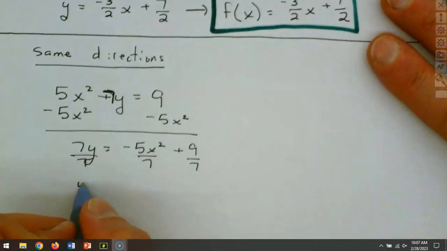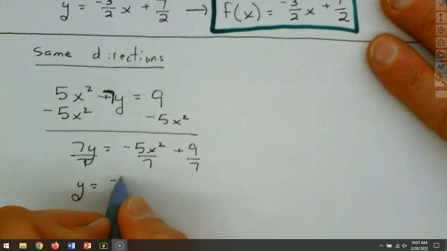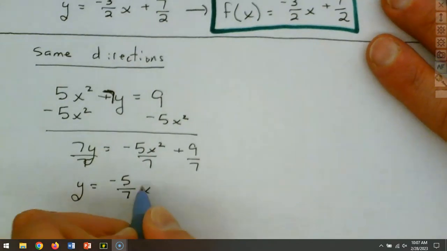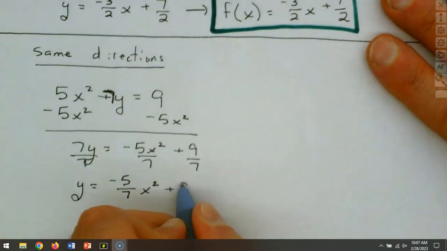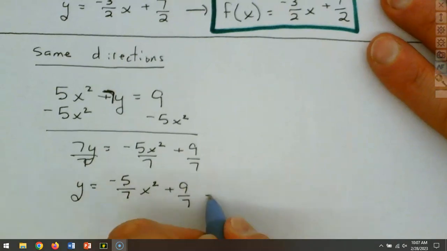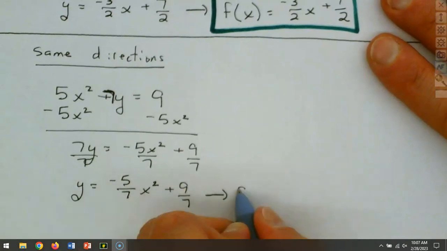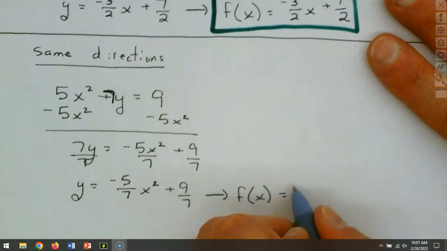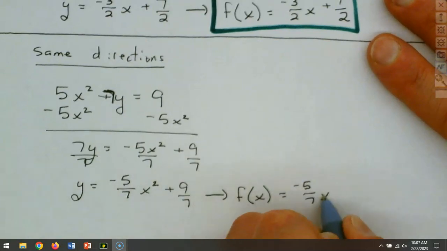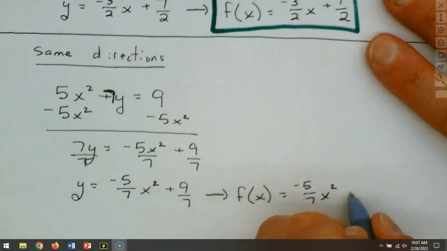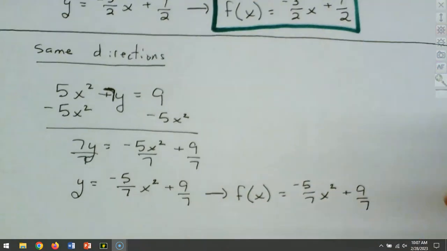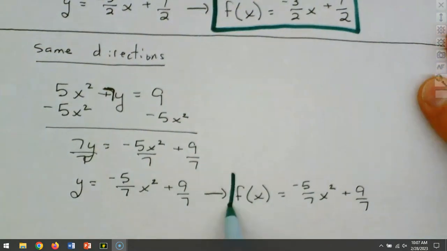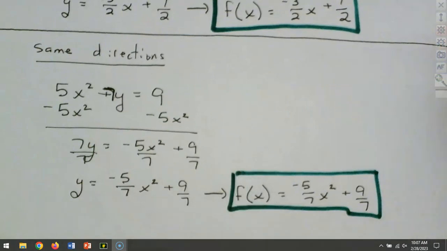And that leaves you with y equals now minus 5/7 x squared plus 9/7. And for our final answer, we replace that y with f of x.